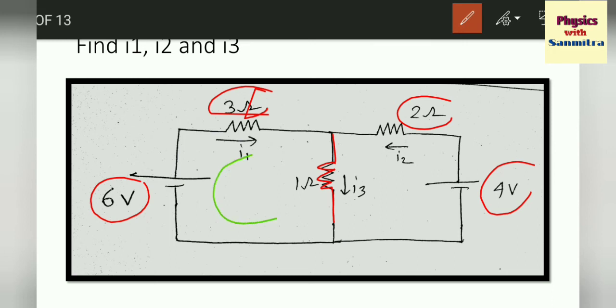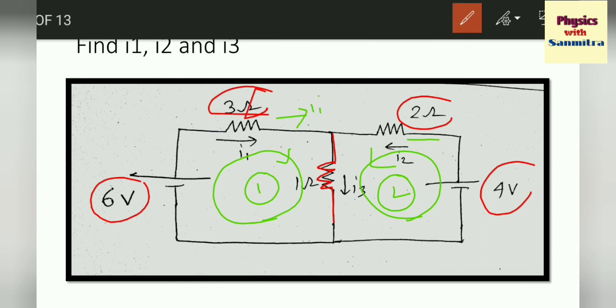Now if you see carefully, this circuit has 2 loops. One is this side and the other one is this side. Let's say this is loop 1 and this is loop 2. Now for 2 loops we need 2 independent variables. This is I1, and the current through this is I2.